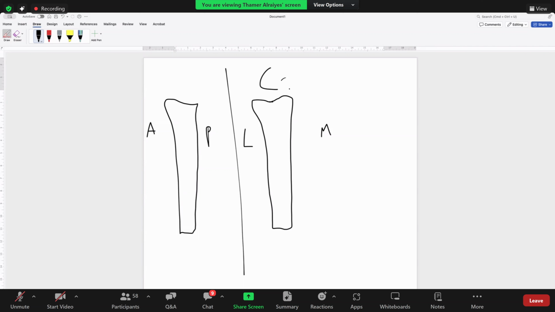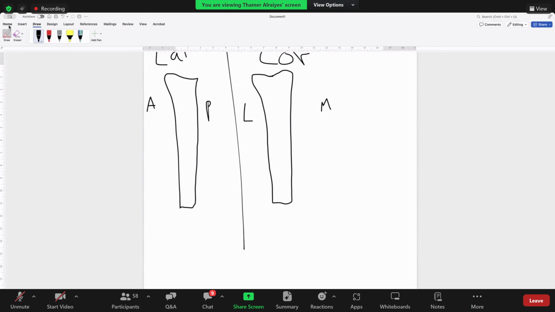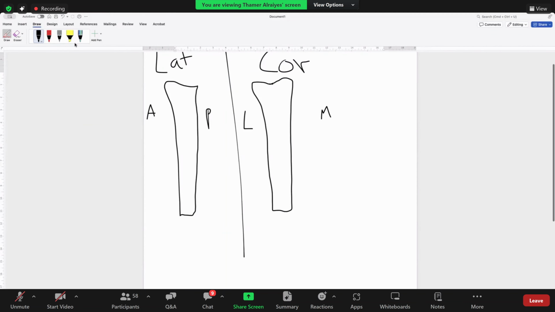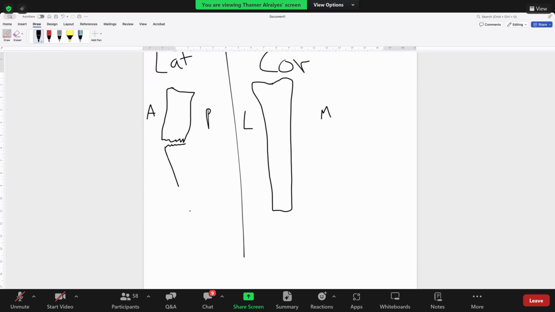When I say apex deformity, for example, this is anterior. If this image, for example, is like this, I'll draw it again. But if this thing becomes like that, this is apex anterior.